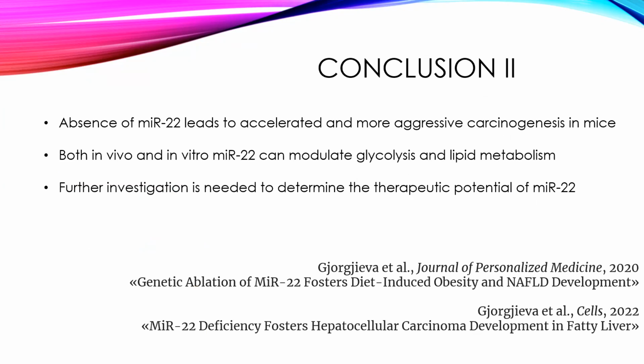So as a second conclusion, the absence of miR22 led to accelerated and more aggressive carcinogenesis in vivo. Both in vivo and in vitro, microRNA-22 can modulate glycolysis and lipid metabolism. However, if we do want to use this overexpression in therapy, we need much more extensive analysis to see how it will affect tumoral and non-tumoral cells inside of the liver.